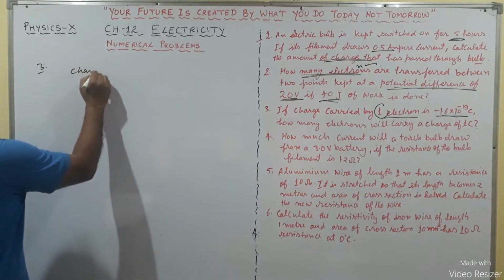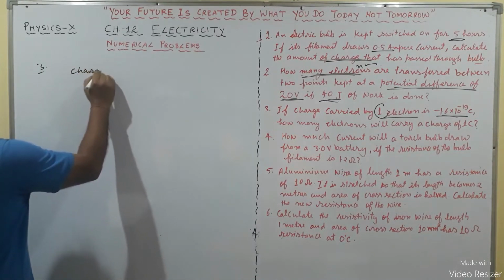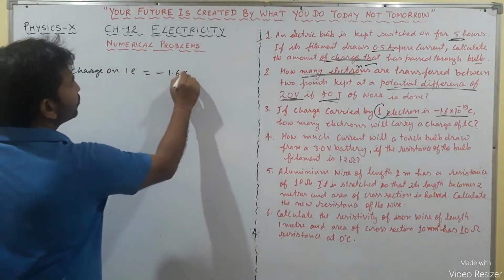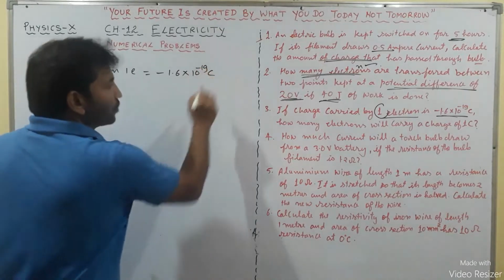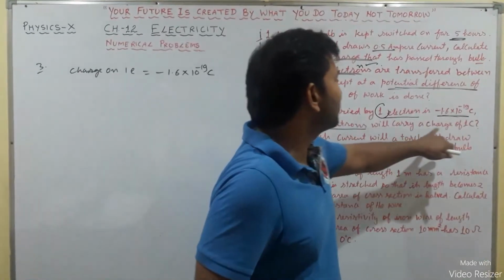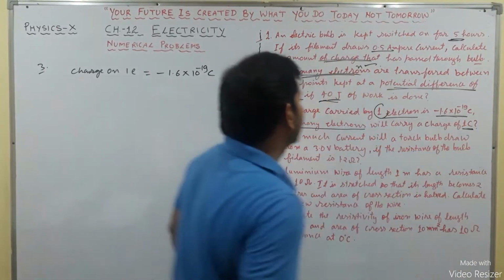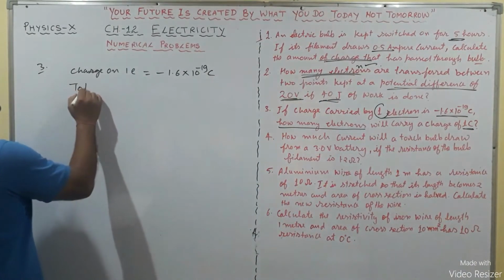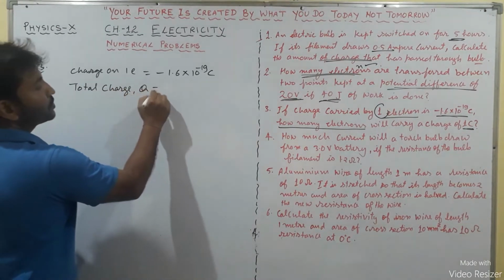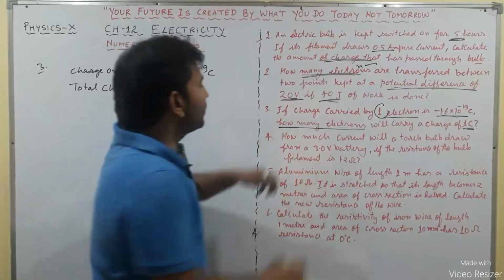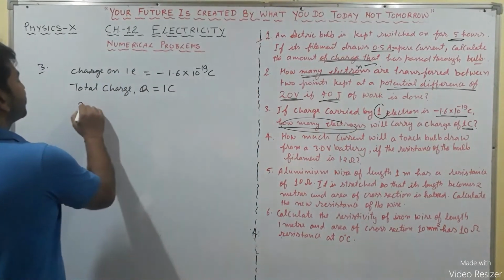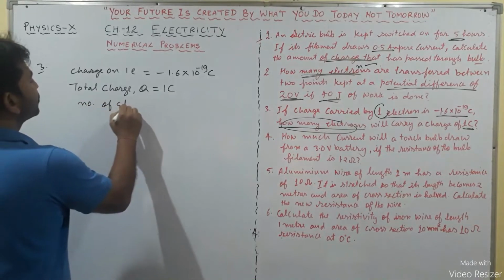Charge on one electron is minus 1.6 into 10 raised to power minus 19 coulomb. Then how many electrons will carry a charge of 1 coulomb? That means total charge Q is equal to 1 coulomb, and we need to find the number of electrons.